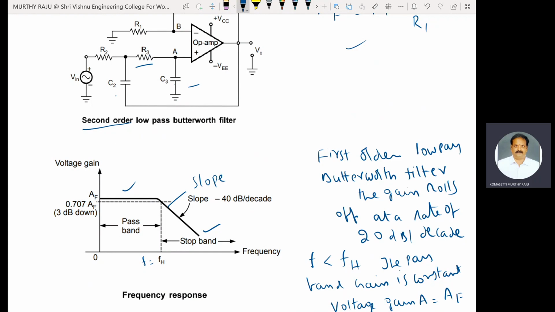At f equal to fH, the voltage gain A is equal to AF by root 2 or 0.707 times AF. At f greater than fH, the voltage gain A rolls off at a rate of 40 dB per decade. The slope is minus 40 dB per decade.